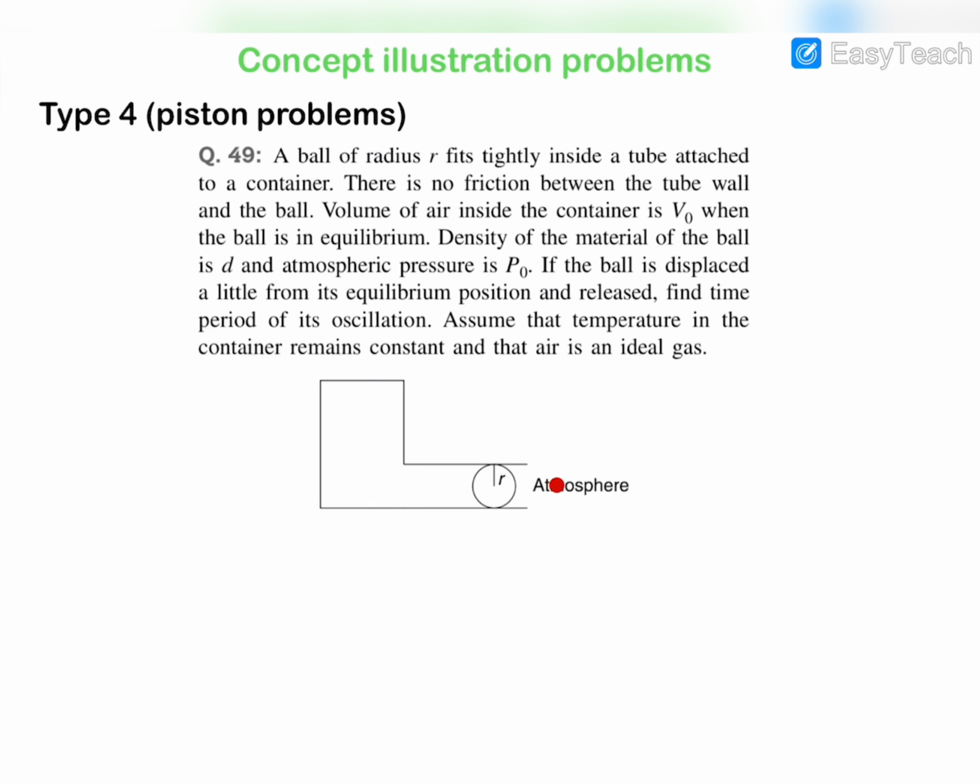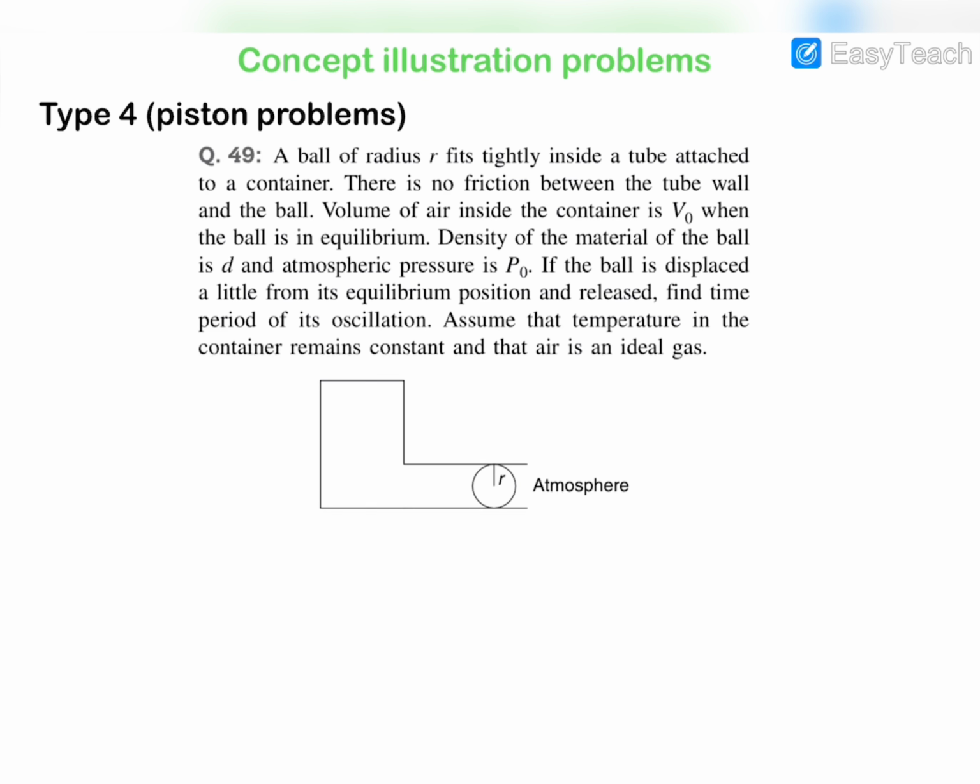The atmospheric pressure outside the vessel is P0, and initially this ball is in equilibrium position. So if this ball is displaced slightly inside or outside, this ball starts to perform SHM. We have to assume that the temperature of the gas does not change inside the vessel due to displacement of the ball, and we have to find out the time period of SHM of the ball.